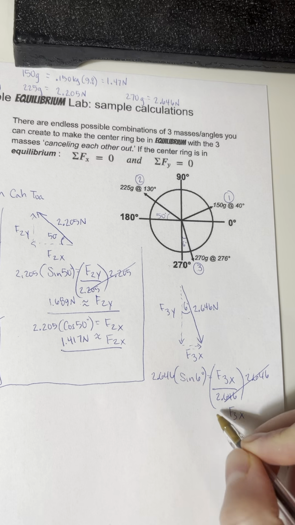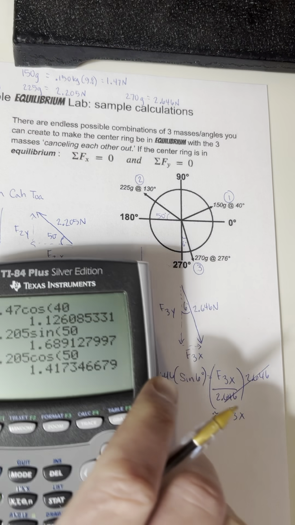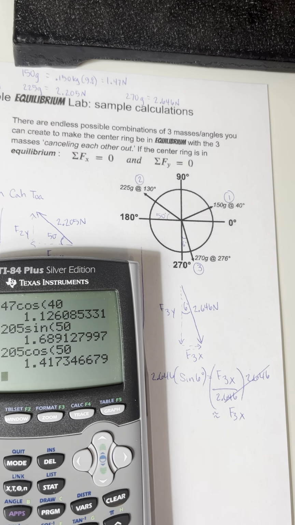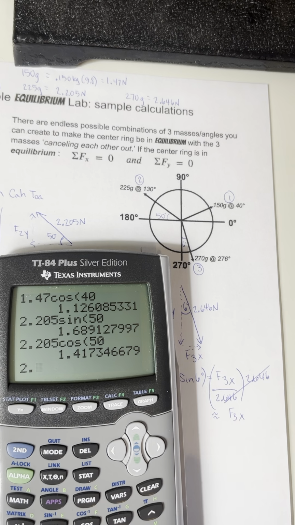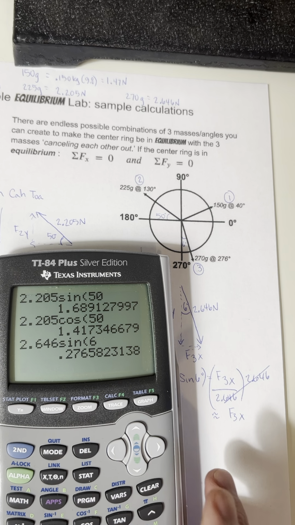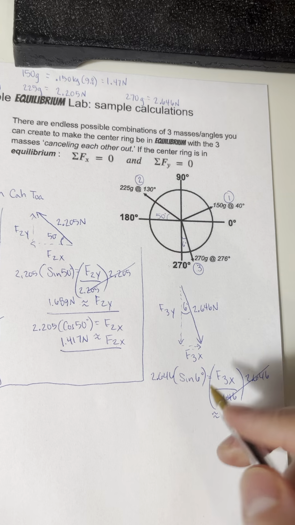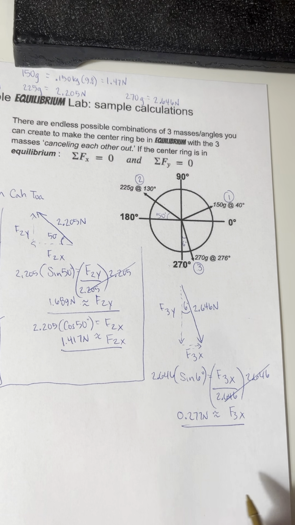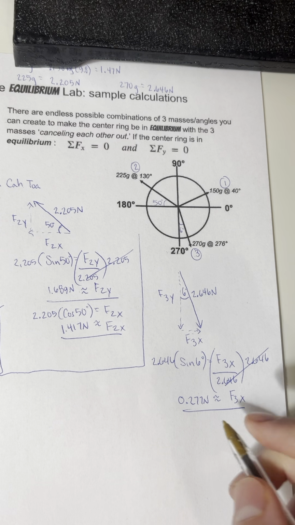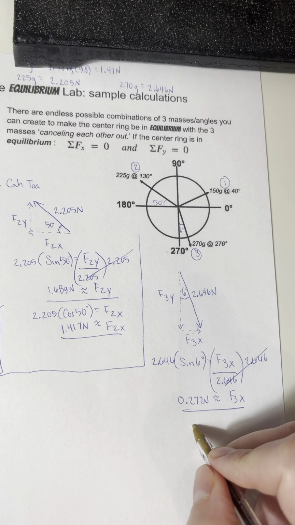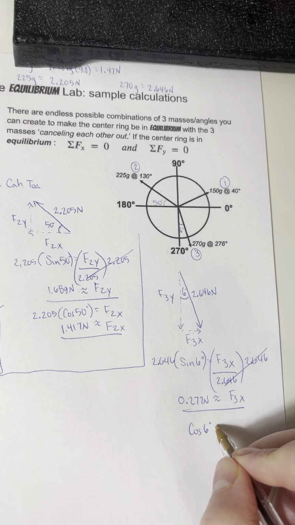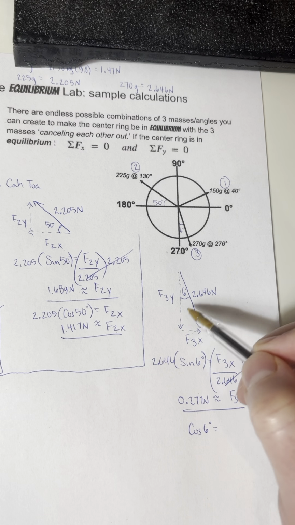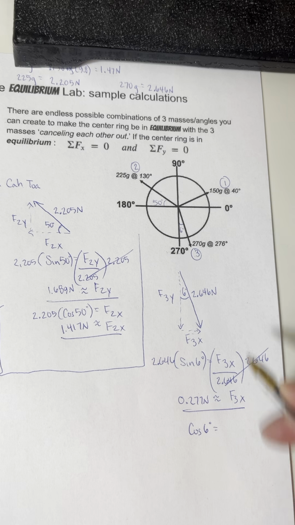So the force of 3 in the x direction is approximately 0.277 newtons. So then the y component will involve cosine. So cosine of 6 degrees equals the adjacent side to the angle, and we know the hypotenuse, so that sets up for cosine.